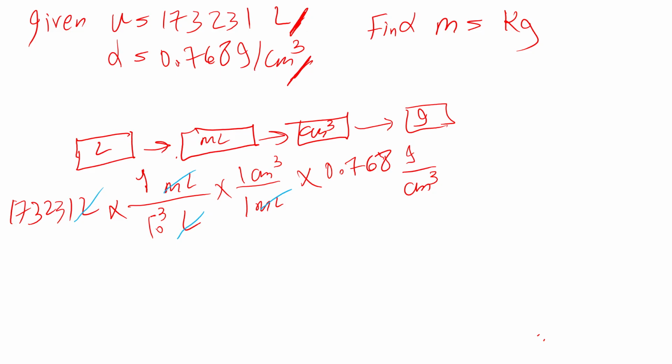Now, as you can see, centimeter cubes cancel out each other. But it asks you what is the mass in kilogram. So you need to go one more step to change gram to kilogram.